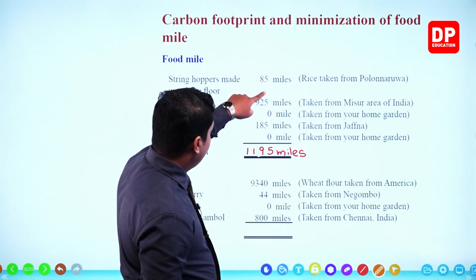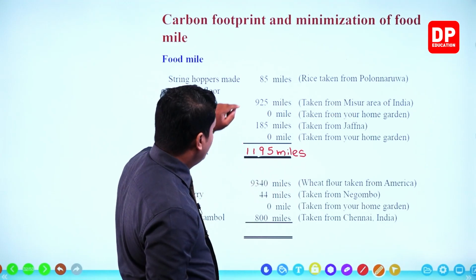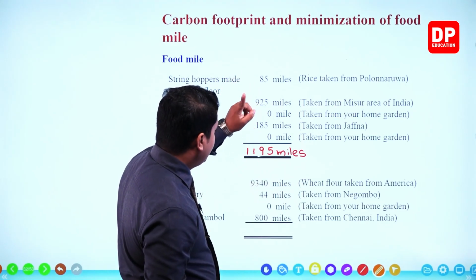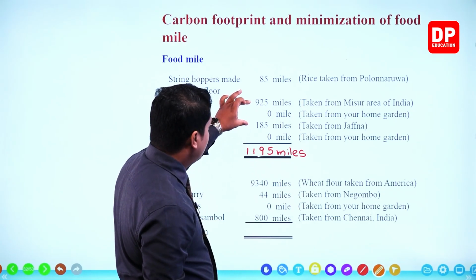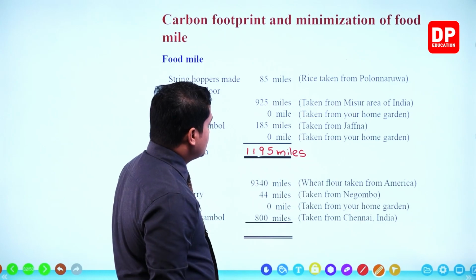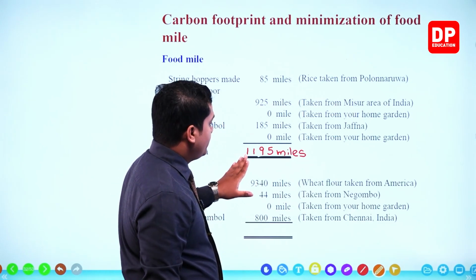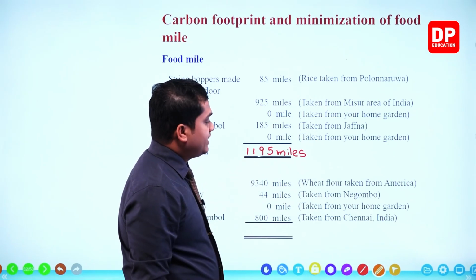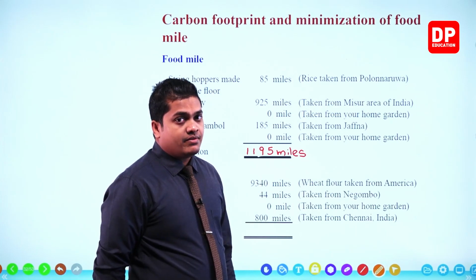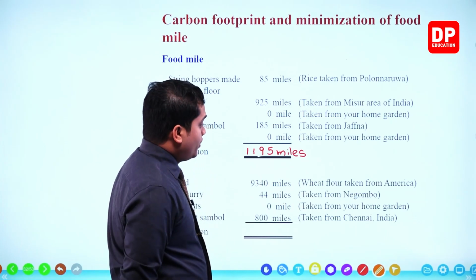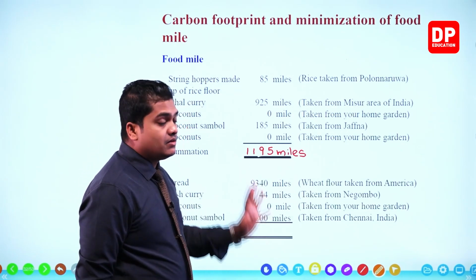So here 5, 5, 5, 15, 5, 1 is left over. Then 10, 18 plus 1, 19, 9, 1 is left over. Then here 10, that one 11. So altogether for this meal, my dear children, food has traveled 1195 miles.